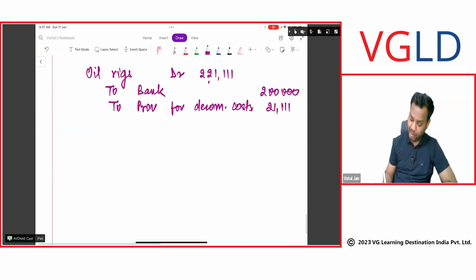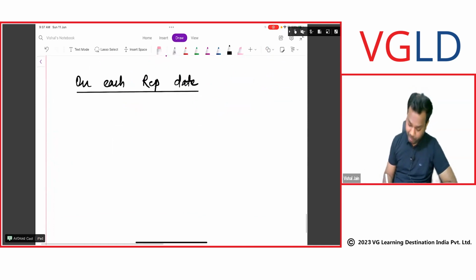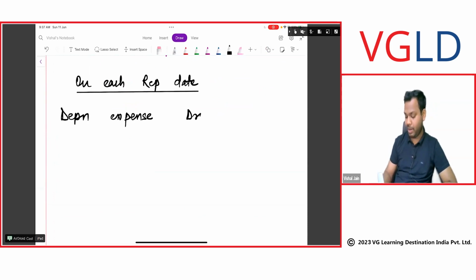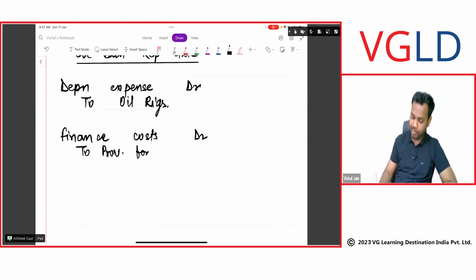Now, on each reporting date, you will pass two entries. What are the two entries? Depreciation expense account debit to oil rigs, and finance costs account debit to provision for decommissioning costs.